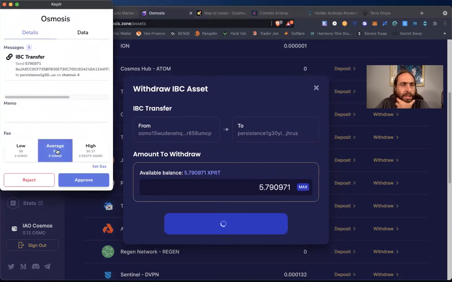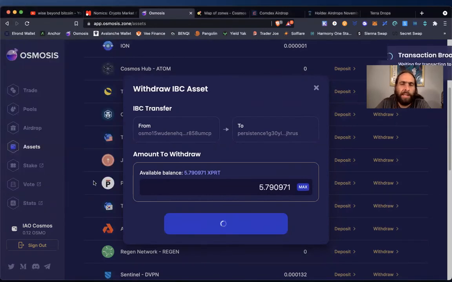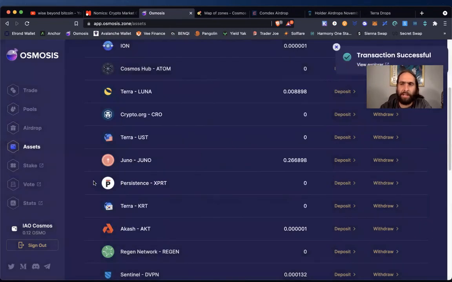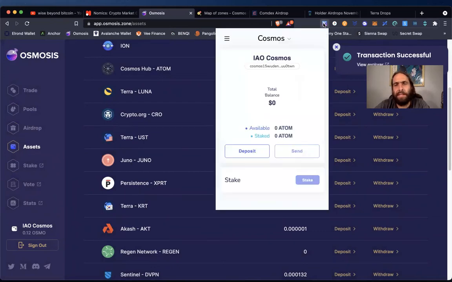And let's see how much it costs. Oh, it costs nothing. No, there's no hidden strings. You'll often find in DeFi and other protocols that the moment you start interacting with smart contracts, it starts costing a lot more. And here you've seen every single one of these transactions has been free. The transaction is successful. Well, let's double check and let's see that it's successful.